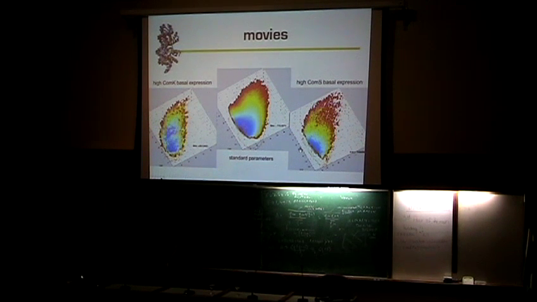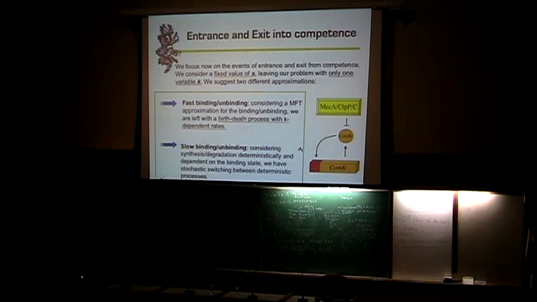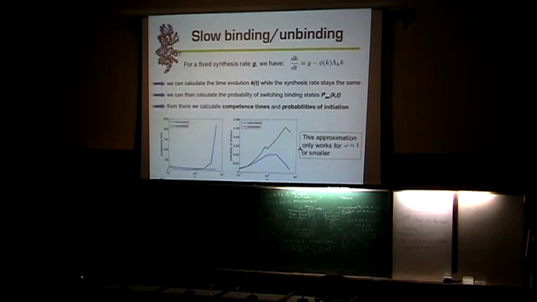It hangs around the vegetative state more than in the previous case, but the cycles are longer, and they have a longer excursion, so they take longer. That's why you see that increase in the competence time for the higher basal expression of ComK. I think I should be done over here.